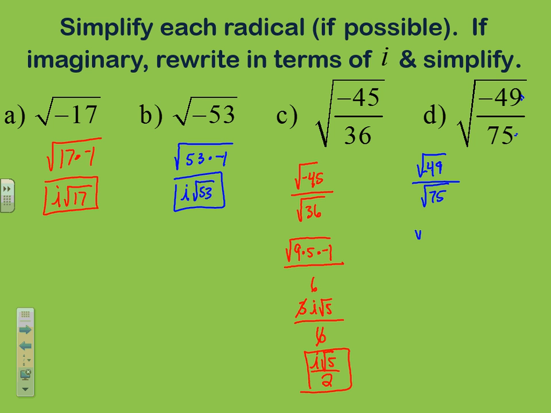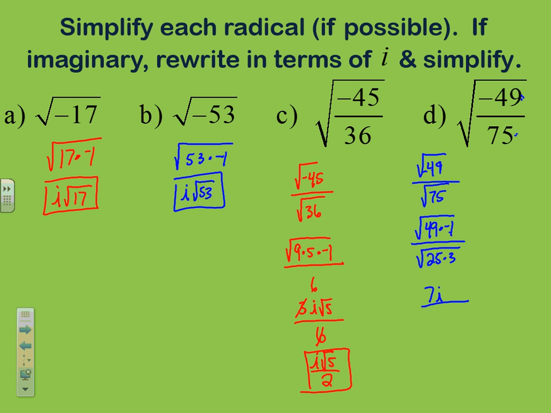So in the numerator, -49 is the product of a 49 and a -1. In the denominator, the largest perfect square factor of 75, we've already seen this one, is 25 times 3. Well, the square root of 49 in the numerator will give me 7. The square root of -1 in the numerator will give me an i.